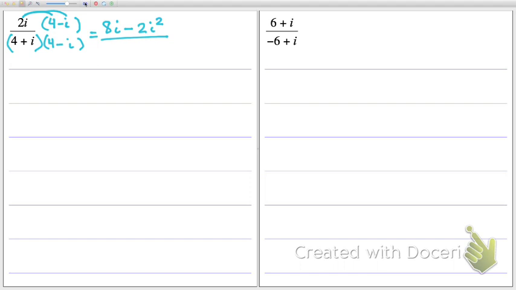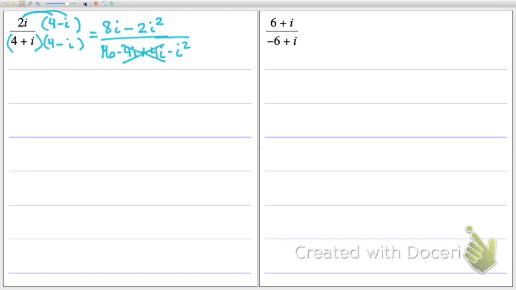And in the denominator, I'm going to FOIL it. So I get, if I do it right, 16, right? Minus 4i plus 4i minus i squared. So the minus 4i plus 4i, that's 0, isn't it?